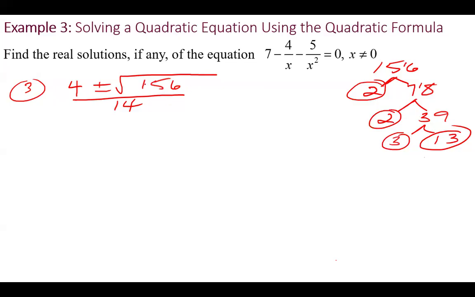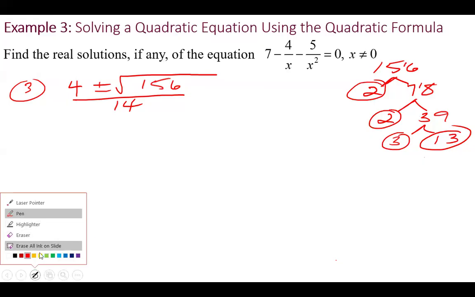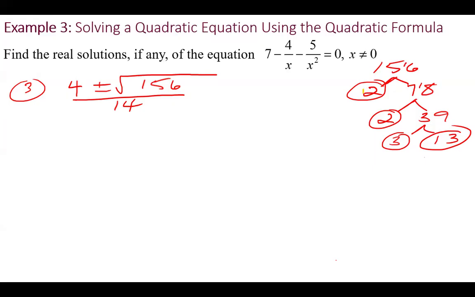When you're looking for square roots, you're looking for pairs of primes. So when I'm looking for my square root of 156, I have a pair of 2's that break down, which is why it's 4 times 39. And the square root of 4 is what? 2. So we know that the square root of 156 can be broken down to 2 times the square root of 39, because I have a pair of 2's.